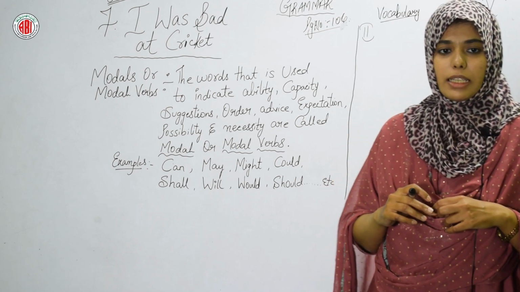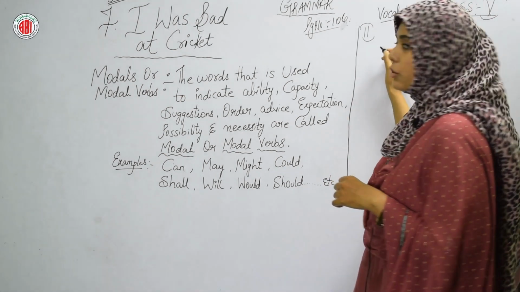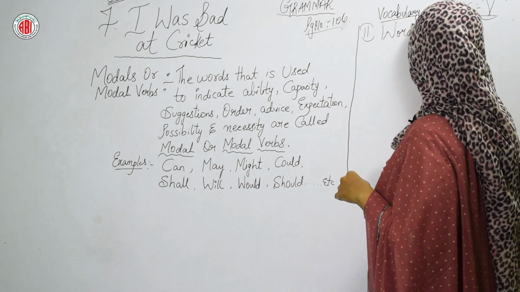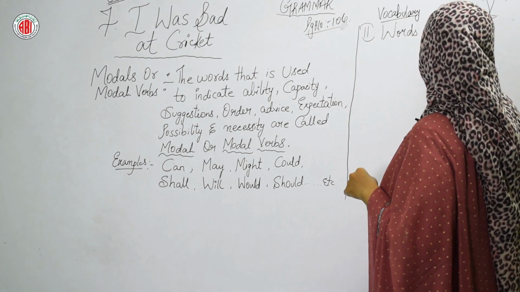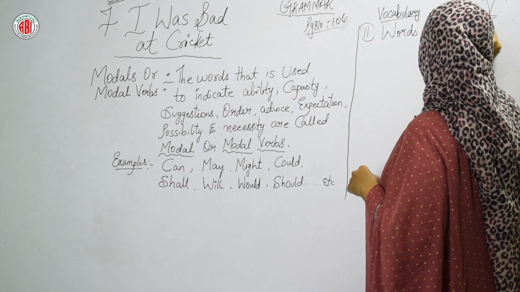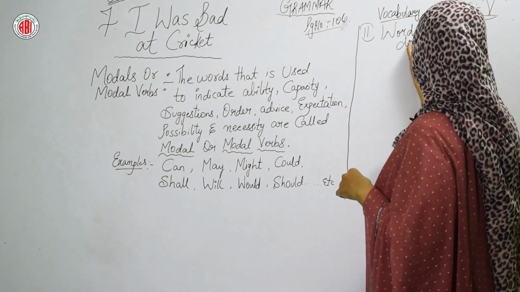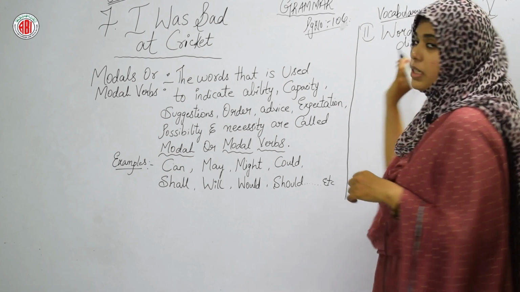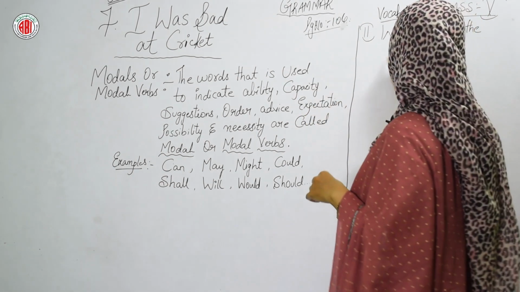So the words are given here and I am going to write the heading: words as per the dictionary. Dictionary appearance also we can write, but I am writing words as per the dictionary.